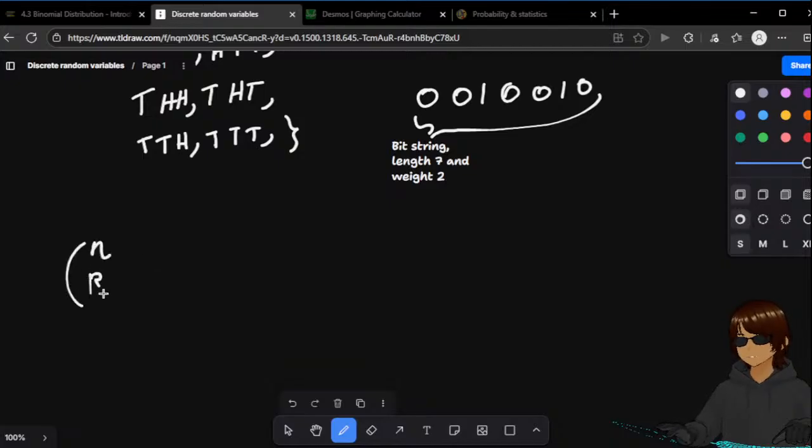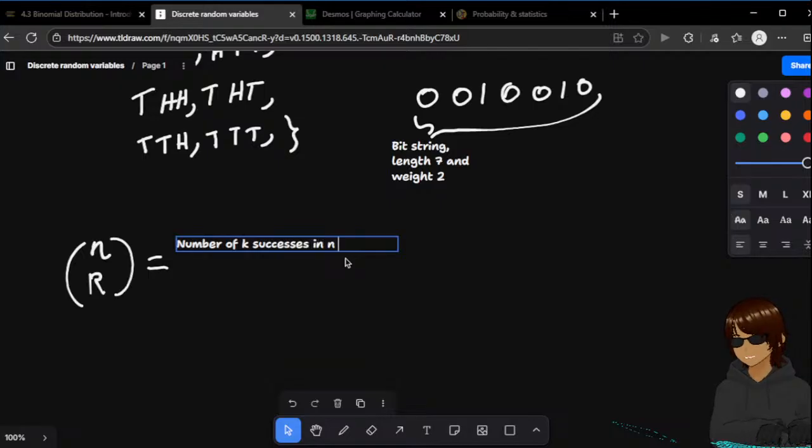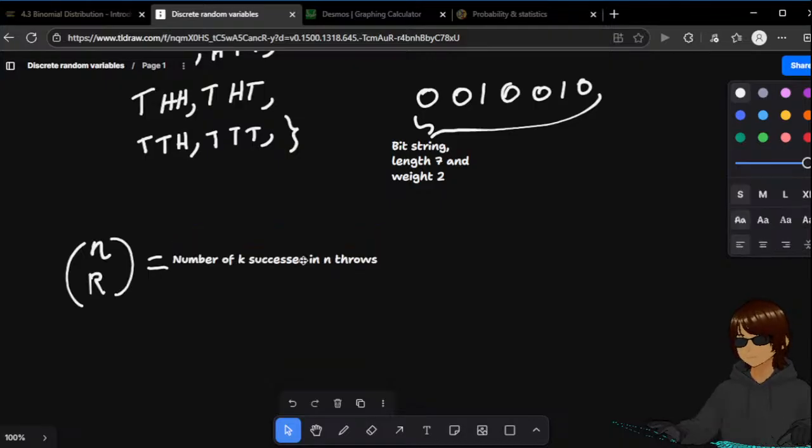N choose k is the number of k successes in n throws. If 0 is a fail and 1 is a success, the number of k successes in n throws is n choose k.